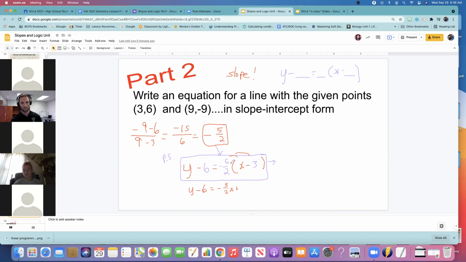But this would be 15/2. Or you can say it's really 7.5, right? So then the last thing to do is to add the 6 over right there.